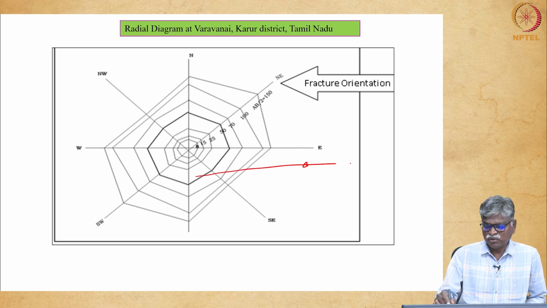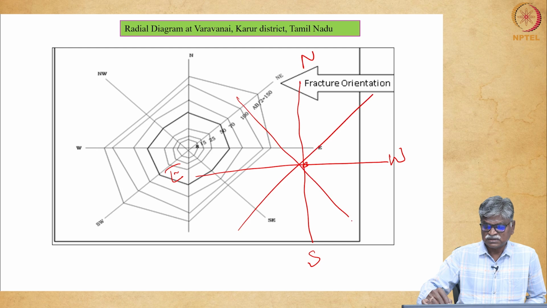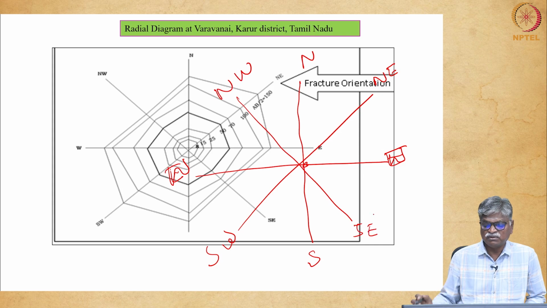First you do one VS, then a perpendicular VS. Suppose it is north: east-west one VS, then north-south one VS, then northeast, southwest, northwest, southeast. That way we have to do it.